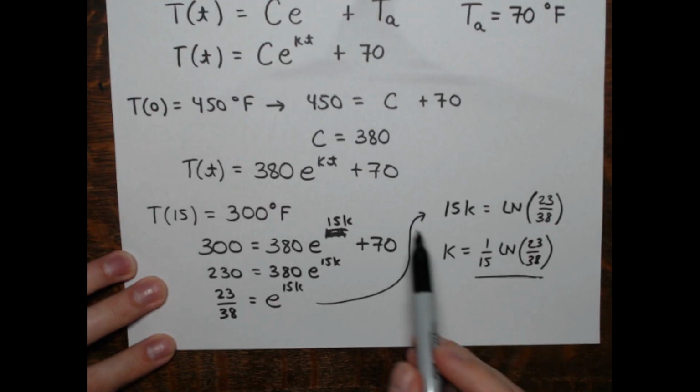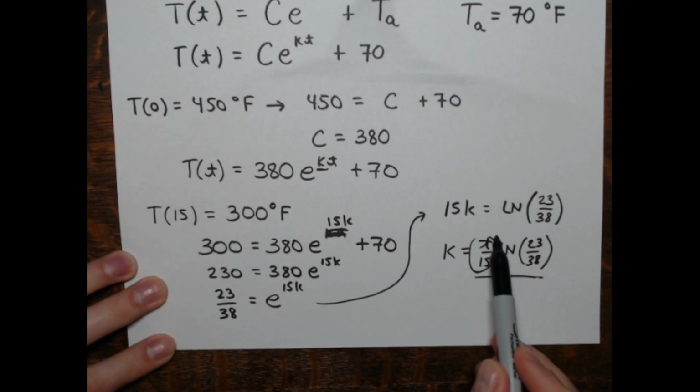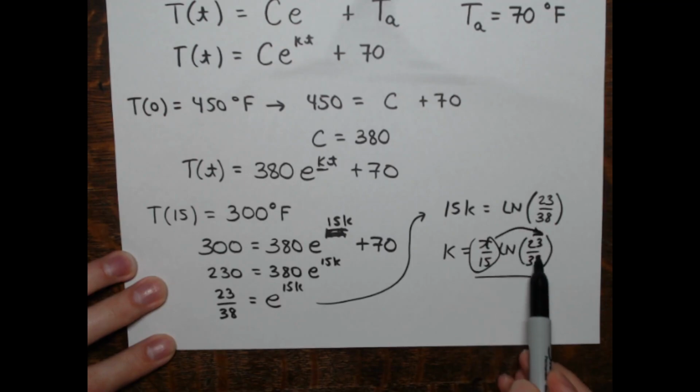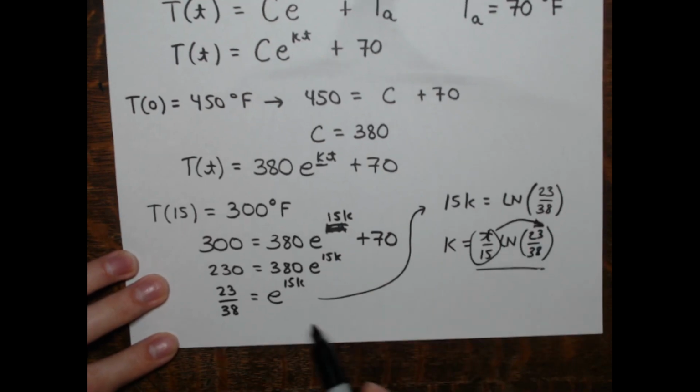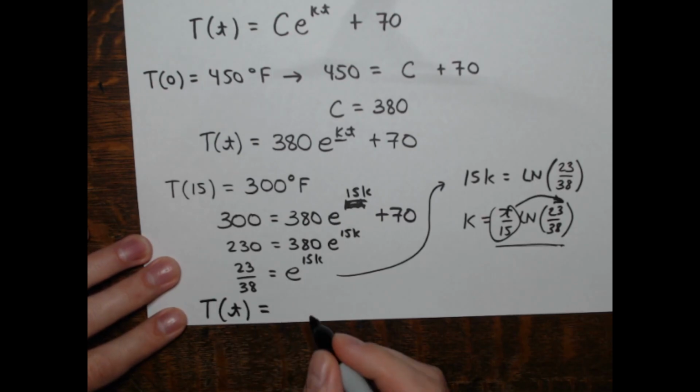Now, when I plug this in, you'd have t over 15 as the power on 23/38, and you'd have e to the natural log of 23/38 to the t over 15, and then e and natural log will undo each other.